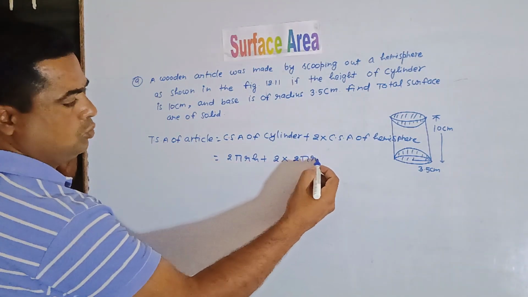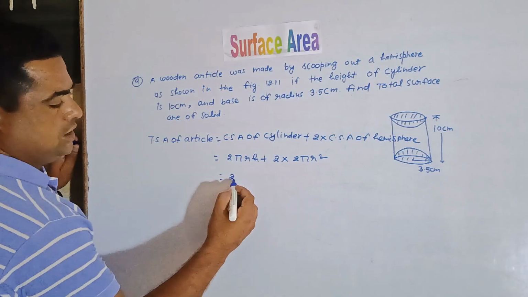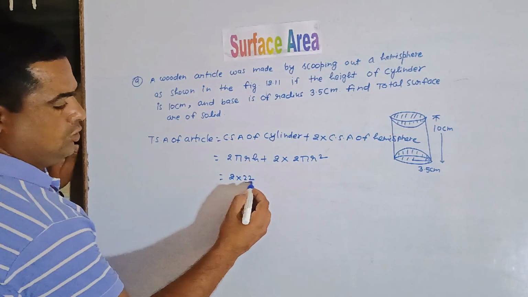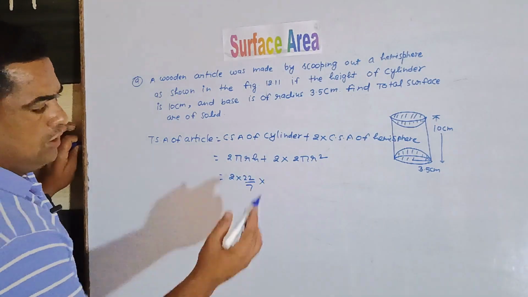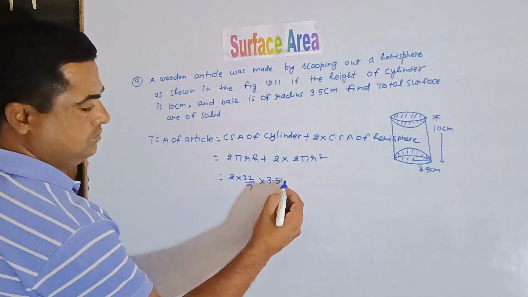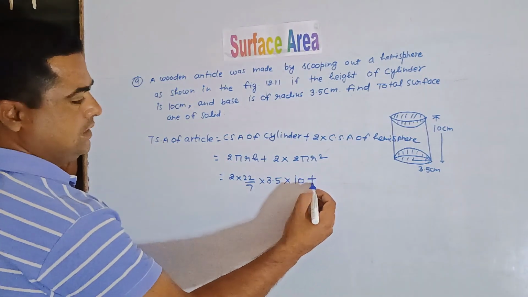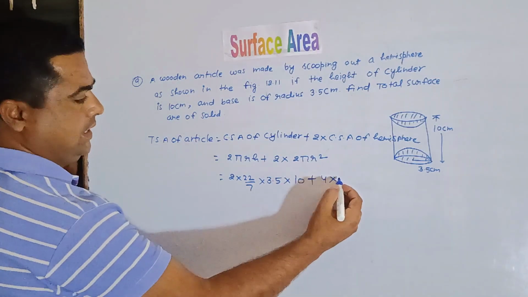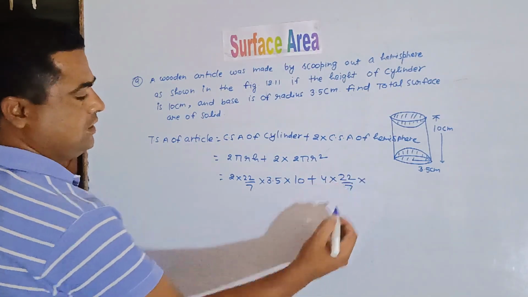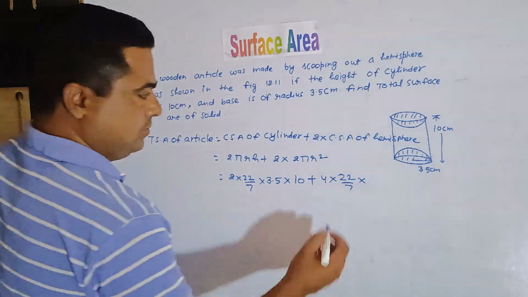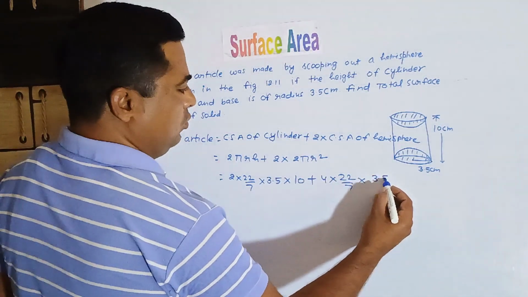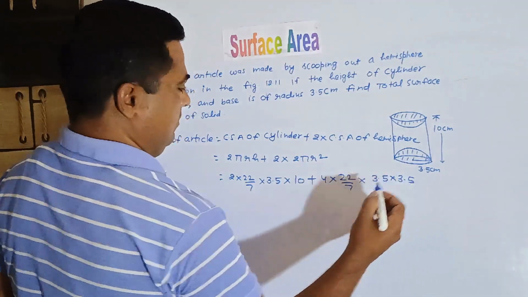We know this is 2 pi r square. This is 2, the value of pi, this is 22/7, and radius is given here 3.5, into height, this is 10, plus 2 into pi, this is 22/7, and what is the radius? 3.5 square. So we'll write here 2 times 3.5 into 3.5.